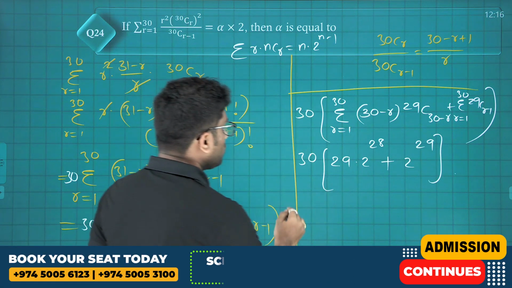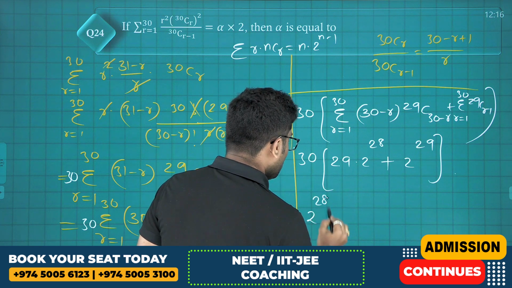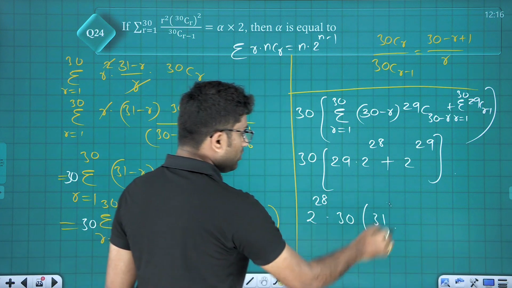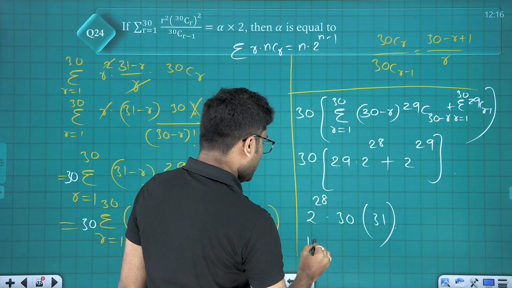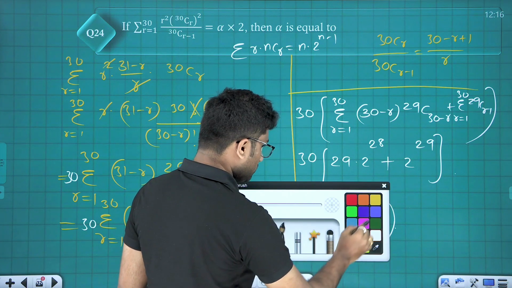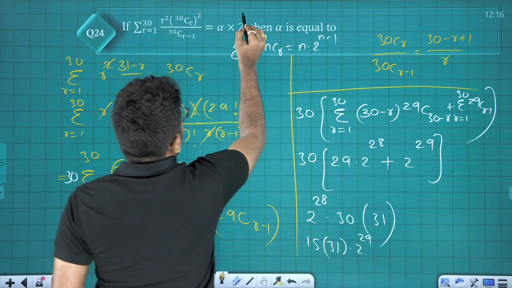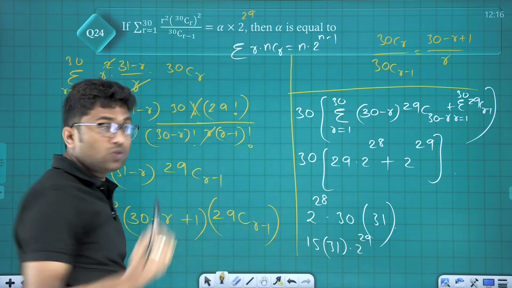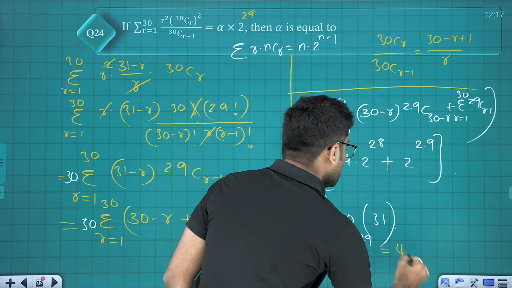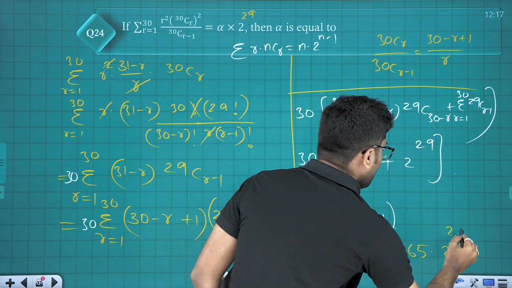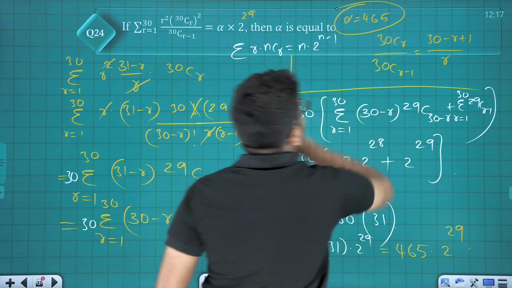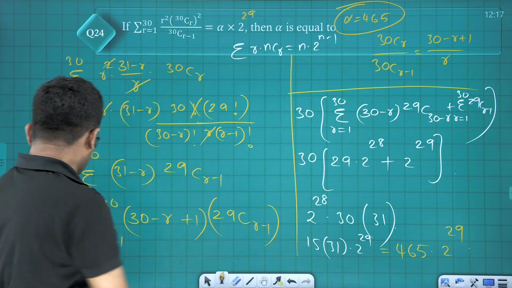Okay, so take 2 power 28 common: 2 power 28 into (29 plus 2), that is 31 into 2 power 28, which gives 15 into 31 into 2 power 29, equal to alpha into 2 power 29. Then what is the value of alpha? 15 into 31 is 465. Alpha is equal to 465, friends. The answer is 465. Next question.